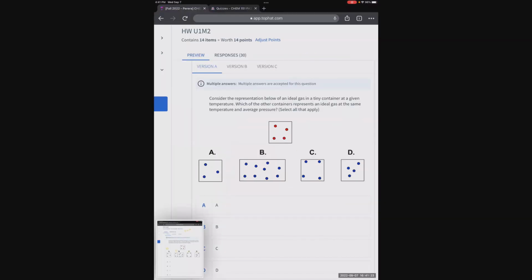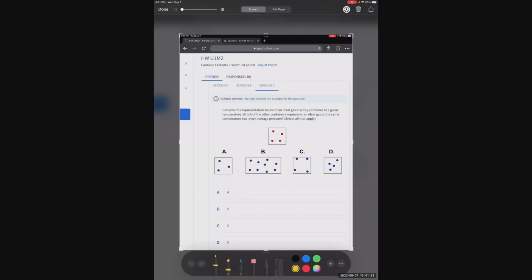And then let's go to version C. And here we go. Which of the other containers represents an ideal gas at the same temperature but lower average pressure?